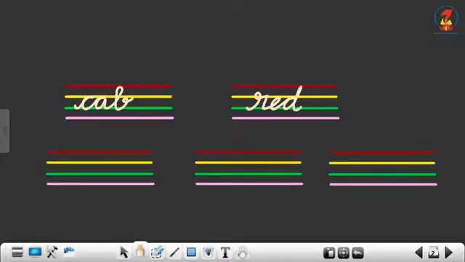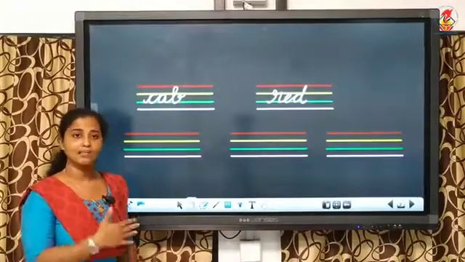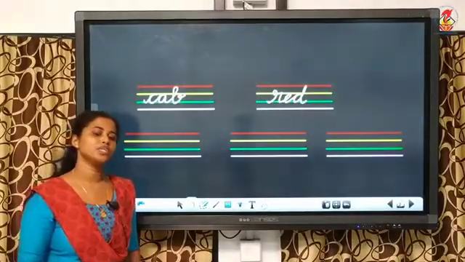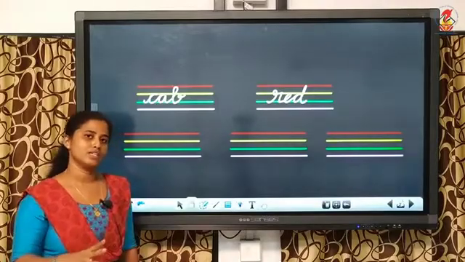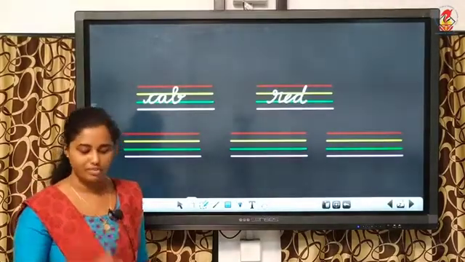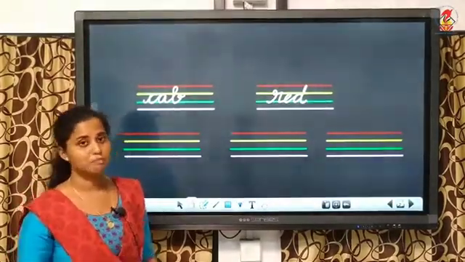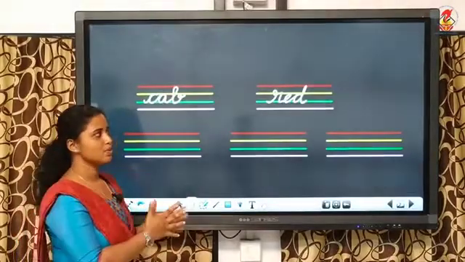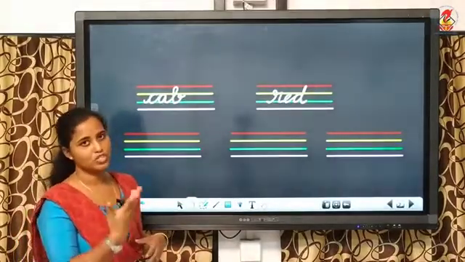Okay. So likewise you have to pick out all the words from the help box and write them in the correct space given. And this worksheet will continue till page 2.